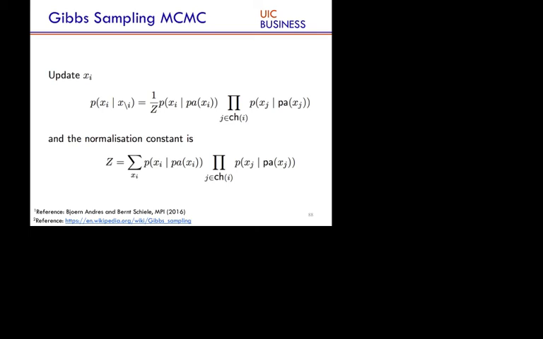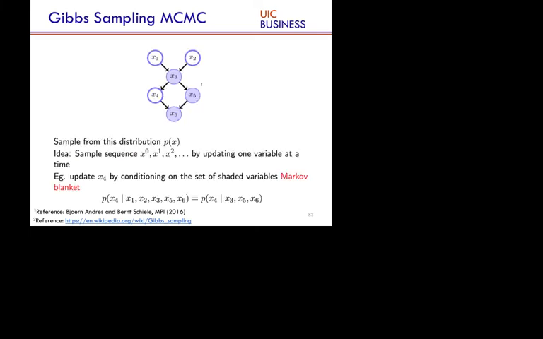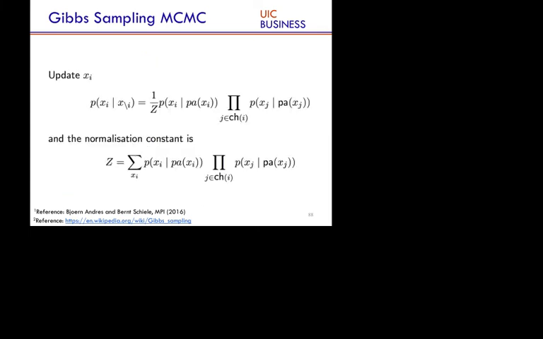Sampling from them is easy because of the conditional independence property of the graph. For example, in an undirected graph, given the neighbors, you don't care about everybody else, so the conditional distribution is simple. So that's the idea of Gibbs sampling.